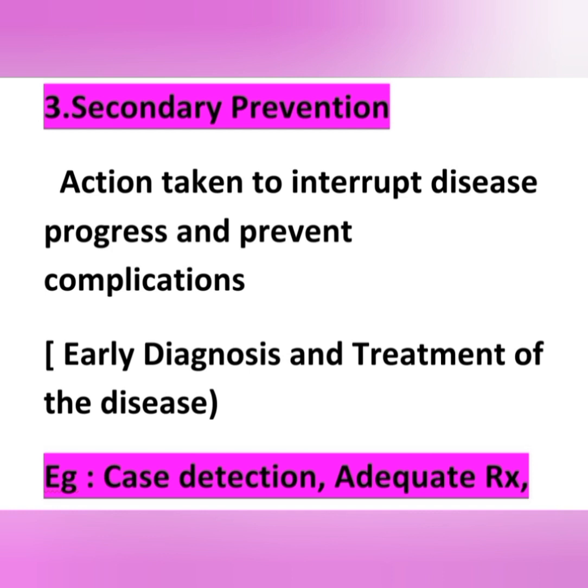Once the disease occurs in a population, we have to do early diagnosis and give adequate treatment to the people, so we can control the particular disease. For example, case detection and adequate treatment, this is called secondary prevention.